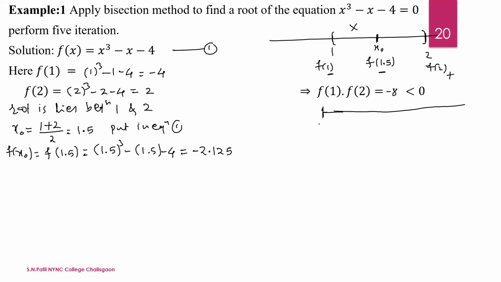This is the x0 point, 1.5, and this is the b point, that is 2. The value of f of 1.5 is negative and f of 2 is positive. Every time we want the same kind of nature, positive-negative or negative-positive. So from this we conclude the root lies between 1.5 and 2.